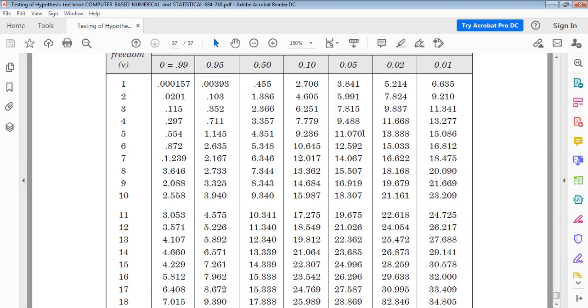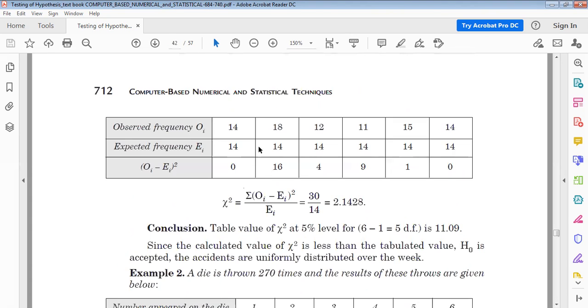Hello? Yes, sir. Okay. Just putting these values, we get the calculated value 2.1428, and the table value is 11.09. Since the calculated value of chi-square is less than the table value, the null hypothesis is accepted.